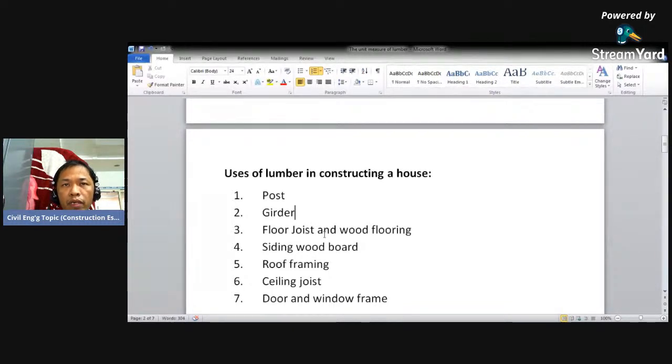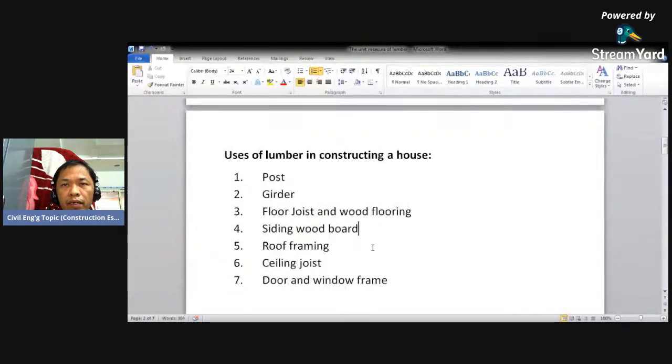And we have floor joists and board flooring. So we can use it also as siding wood board. And we can use it as roof framing, yung sa trusses, sa bubong, yung forelens, yung truss.